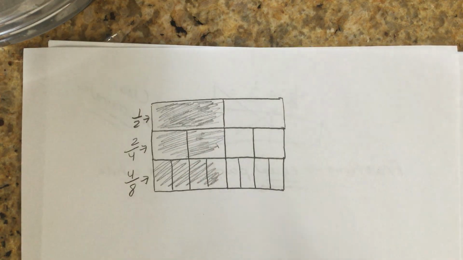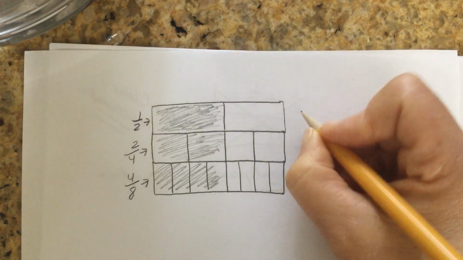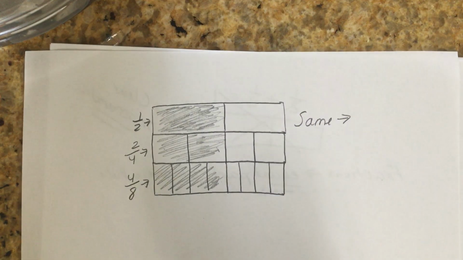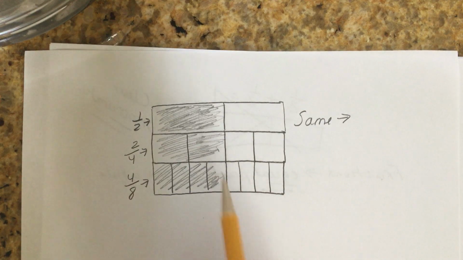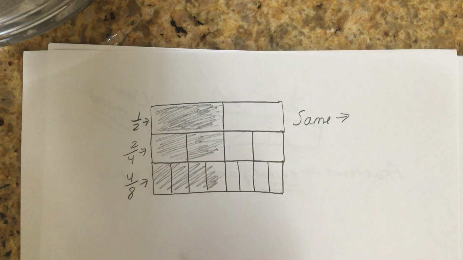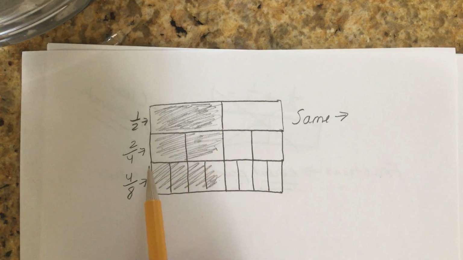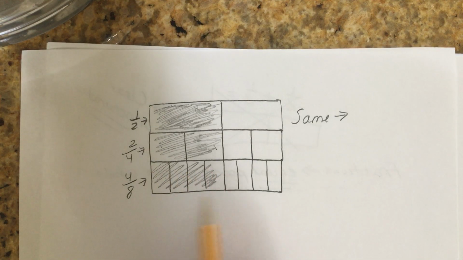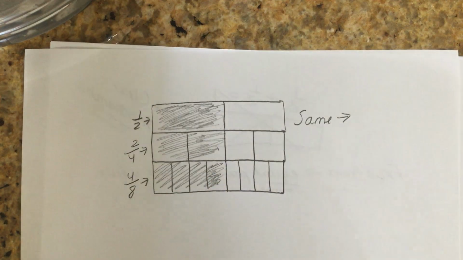Okay, now, what's the same? What's different here? What is the same? Think about it. If these were candy bars and Jacob ate this much of a candy bar and Ava ate this much of a candy bar and John ate this much of a candy bar, they all ate the same amount.